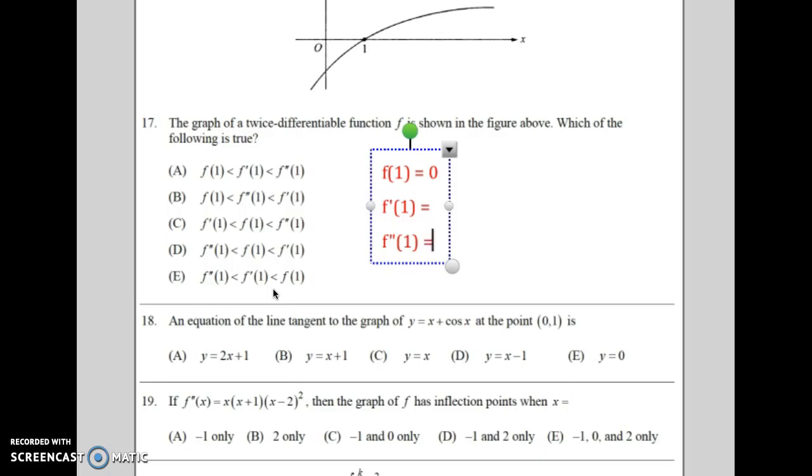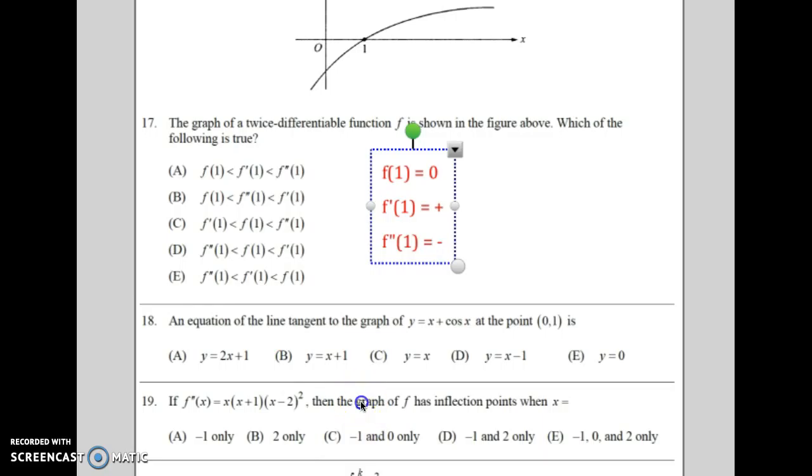The first derivative deals with the slope of the tangent line. So all the slopes here at 1 should be positive. So it's a positive number. And this is curved downwards, so the concavity is down, which means the second derivative is negative. With this symbol meaning less than, what's the smallest would be f double prime. And then you have the number 0. And then we have positive numbers. So it looks like it's answer choice D.